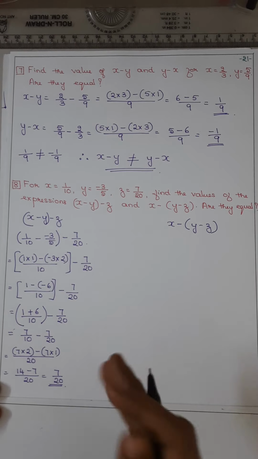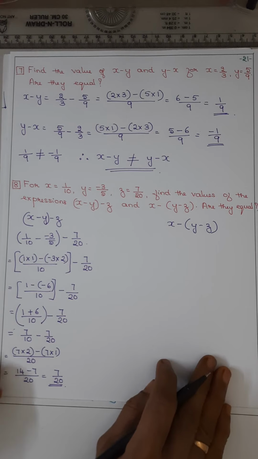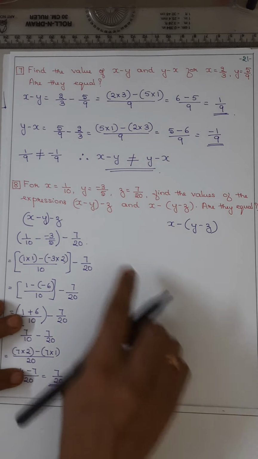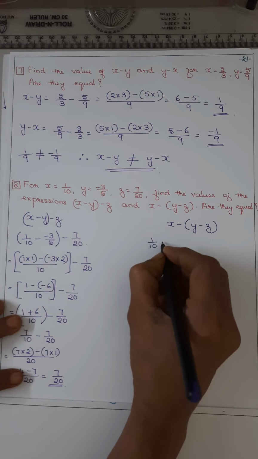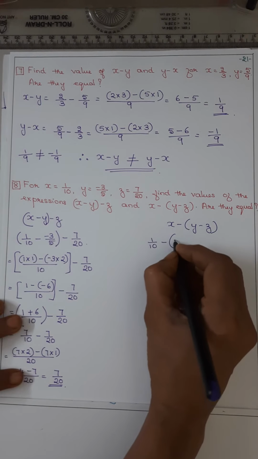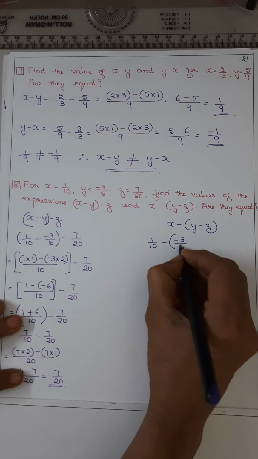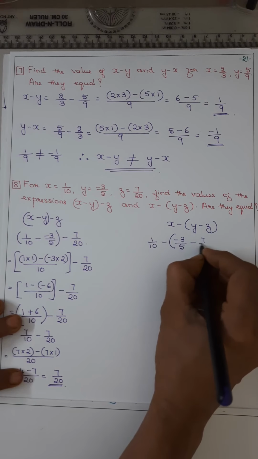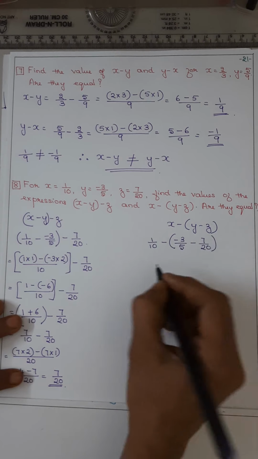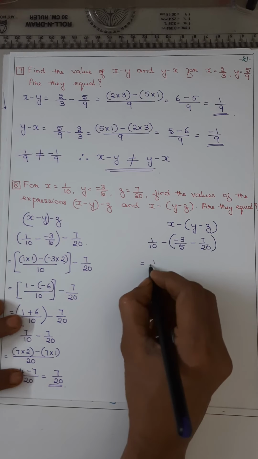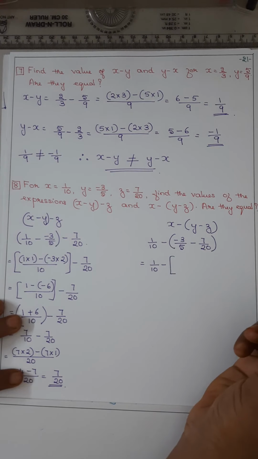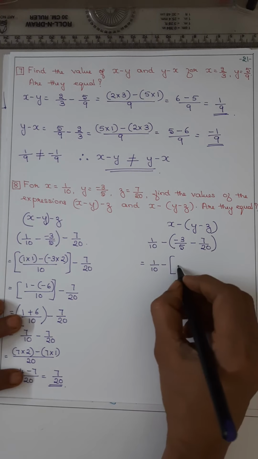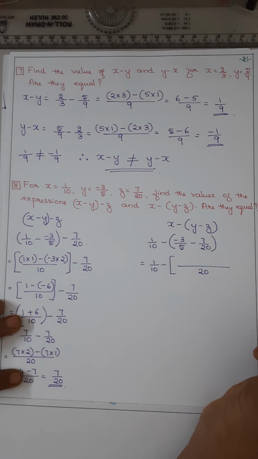Now second and third, that subtraction should be done first. So put the values. It is 1 by 10 minus 3 by 5 minus 7 by 20. So 1 by 10 minus square bracket, 5 and 20, 20 is the LCM.